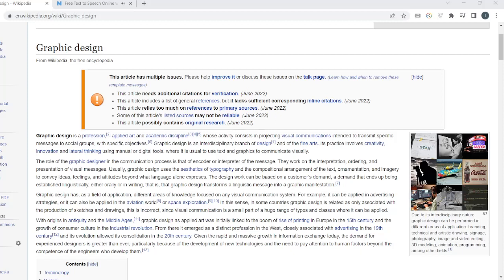In graphic design, the essence is to give order to information, form to ideas, expression, and feeling to artifacts that document the human experience.